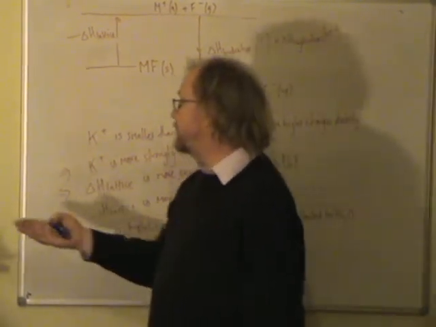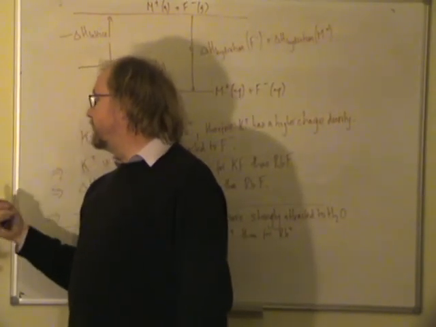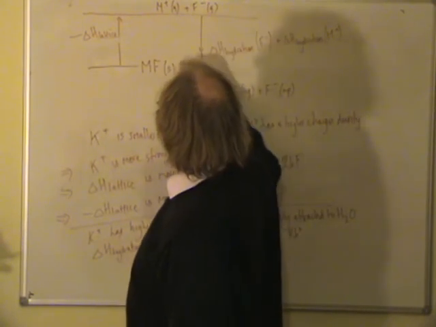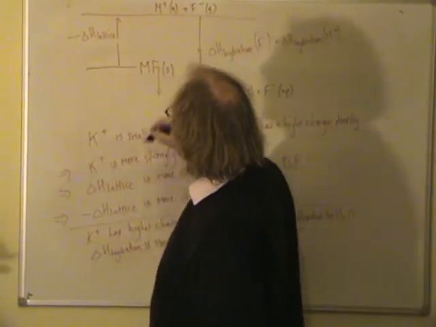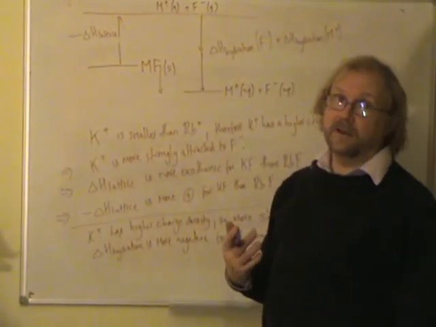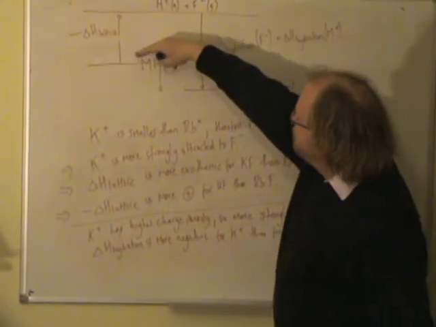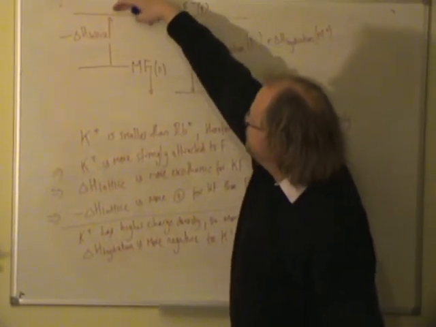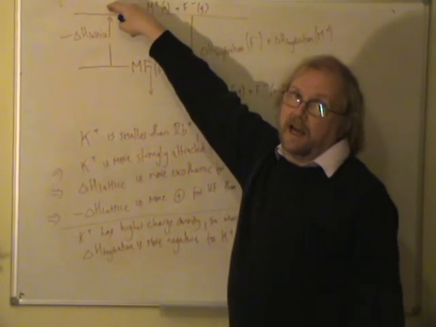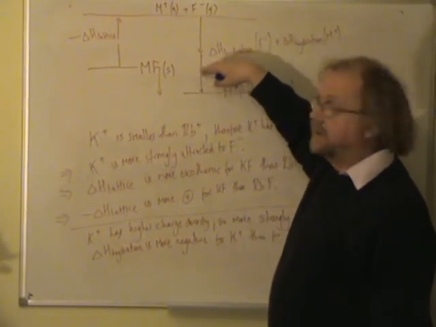Well, we know the answer, because overall you can see it tells you that delta H, the overall change down here, is more negative for rubidium fluoride. And that means that the fact that rubidium fluoride takes you less far up here outweighs the fact that it then brings you less far down this way.